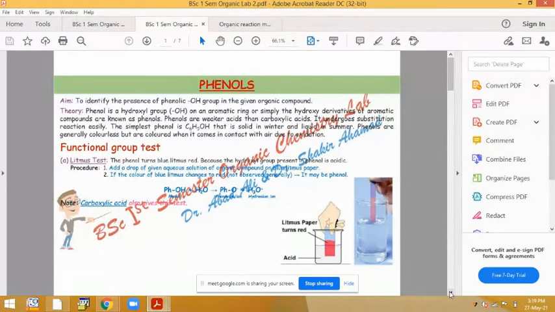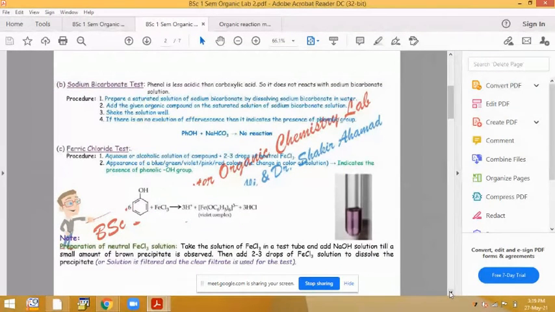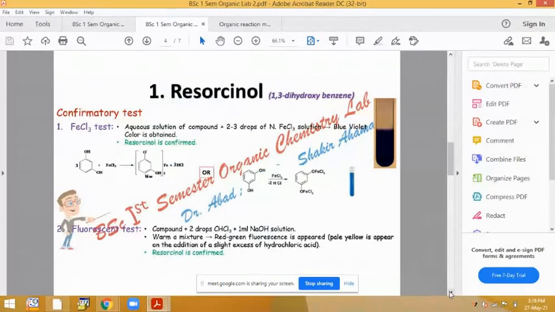So by observing the specific color, you can tell whether it is resorcinol, catechol, or pyrogallol. The second test is the FeCl3 test, where we take an aqueous solution of the phenol, any phenol, and add 2-3 drops of neutral FeCl3 solution.